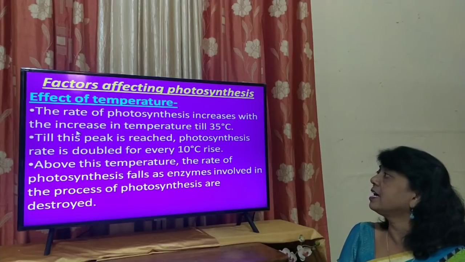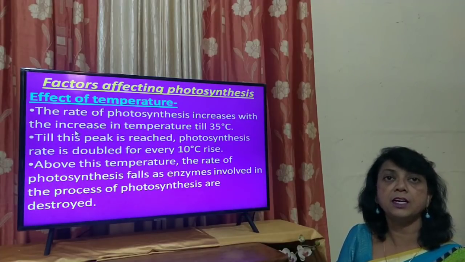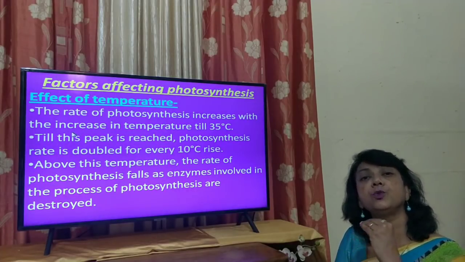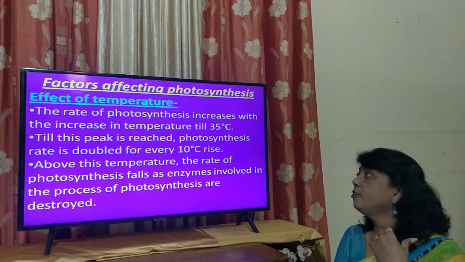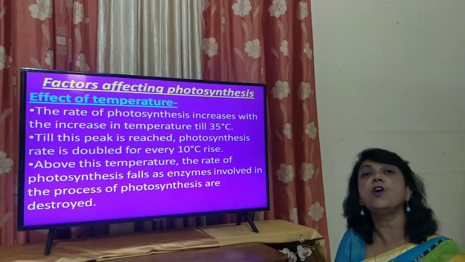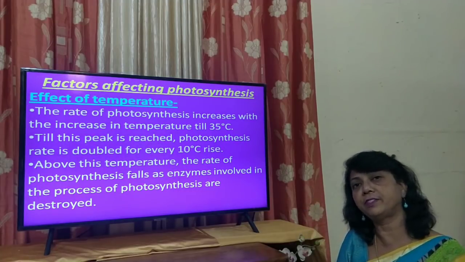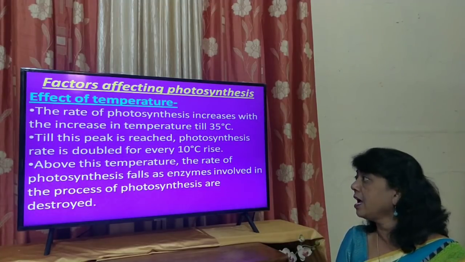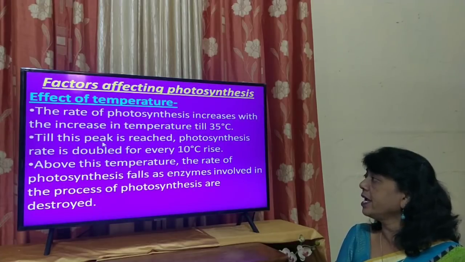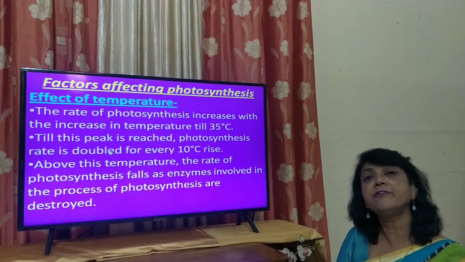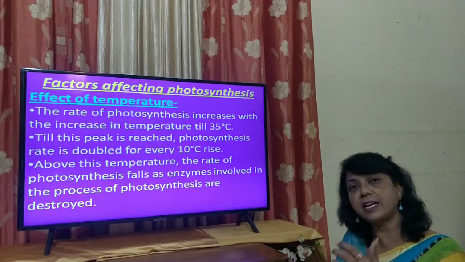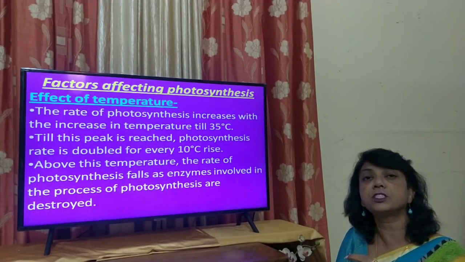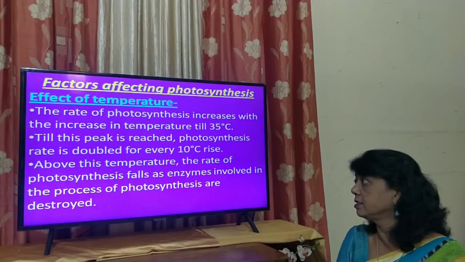It says that when the temperature reaches 35 degrees Celsius, the photosynthesis rate increases till 35 degrees Celsius, and this rate is doubled every 10 degrees. Every 10 degrees the temperature rises, the rate of photosynthesis is doubled.